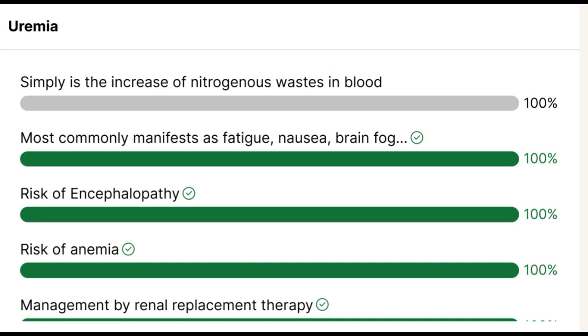Anemia is particularly because in uremia the kidneys are dysfunctional, and kidneys are the releasers of erythropoietin, and therefore that is one of the pathomechanisms involved in anemia. There's also some other things regarding bone marrow depression, but that is something else. Its management is by renal replacement therapy, which is, as mentioned before, hemodialysis, peritoneal dialysis, and kidney transplant.